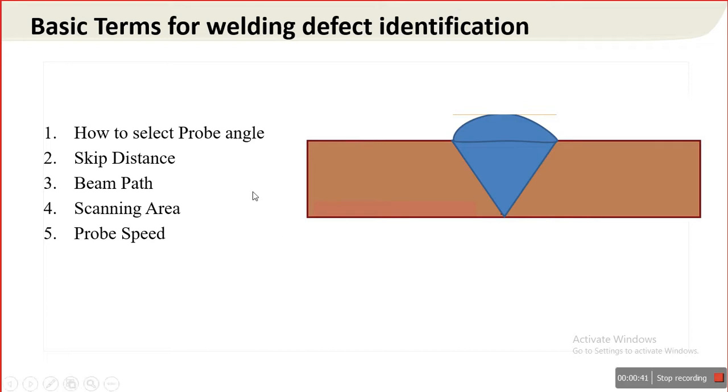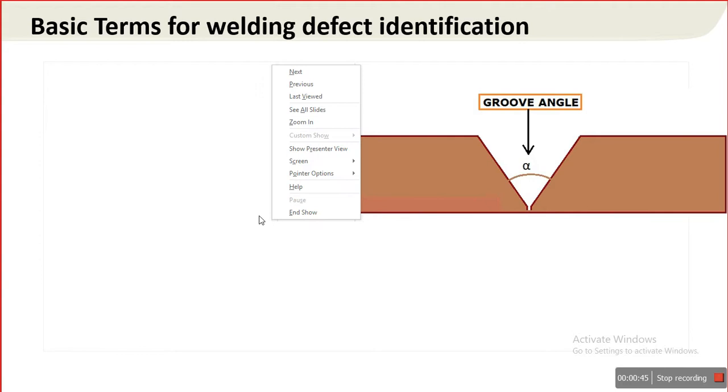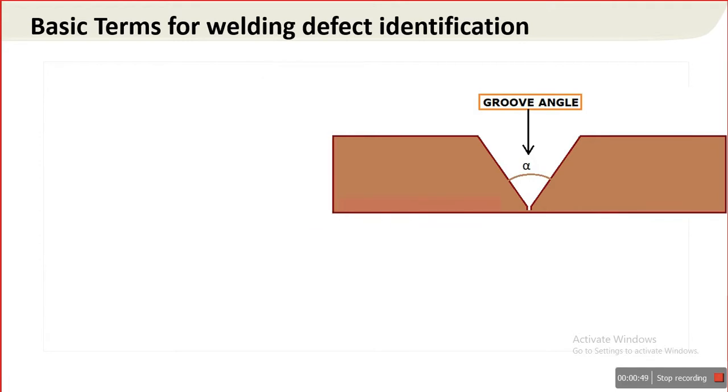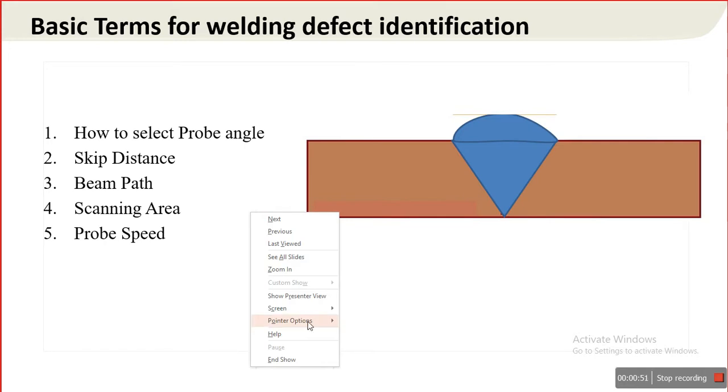So these are the two plates, which are joined with the help of one V joint, V weld.